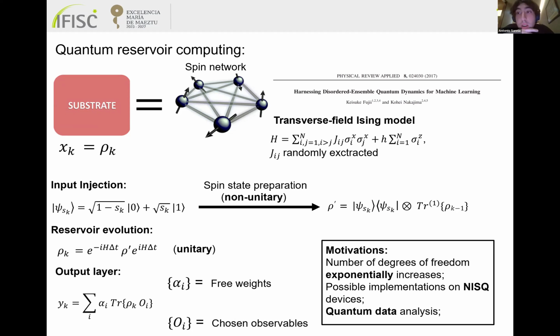So having a finite number of measurements can reduce the performance.